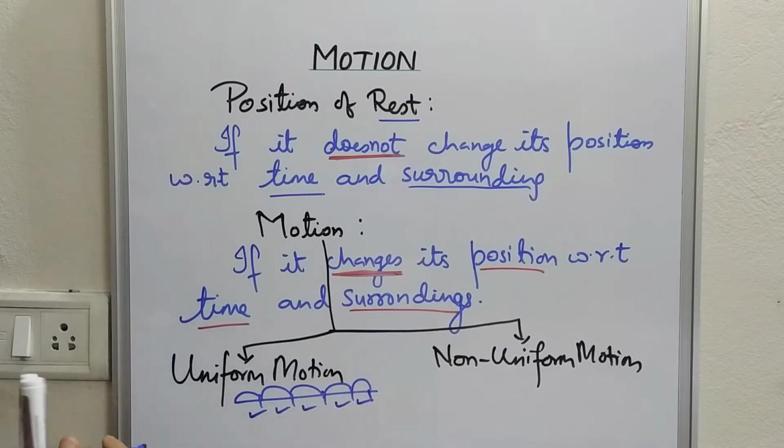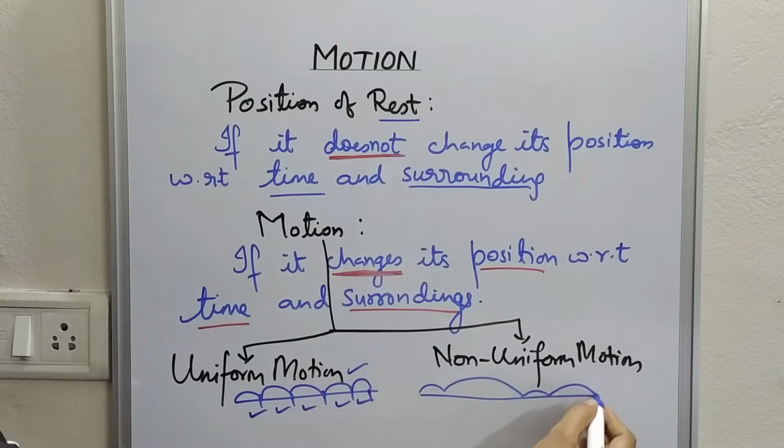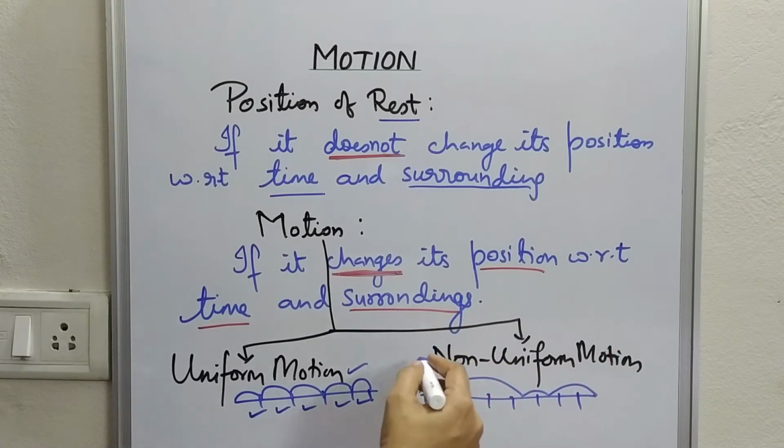But if a body travels unequal distances in equal intervals of time, then the body is said to be in a non-uniform motion.